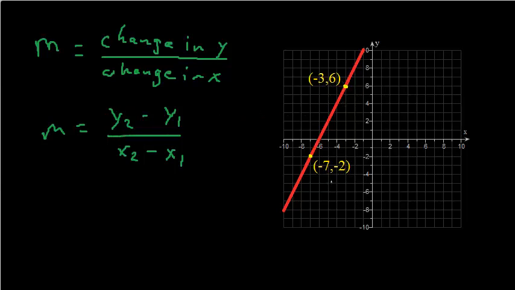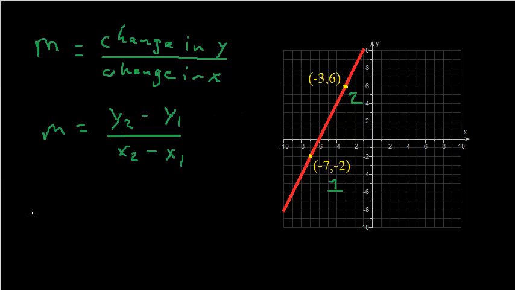If I call this my point 1 and this my point 2, then y2 is the y value of that second point, x2 is the x value of that second point, y1 again y value of first point, x1 x value of the first point. And we just are finding the difference between the two y values over the difference between the two x values.